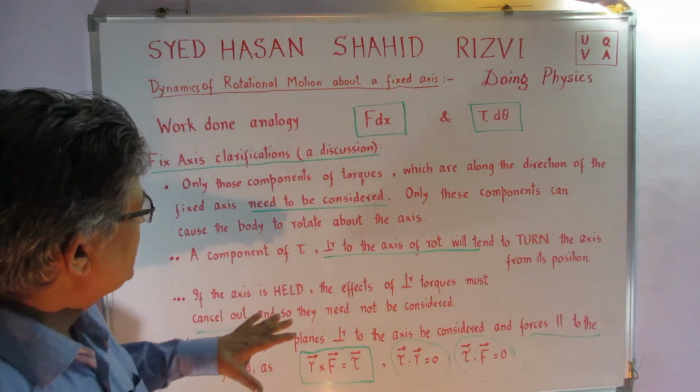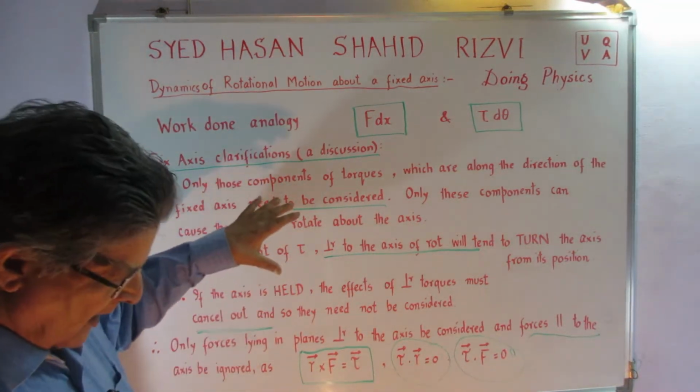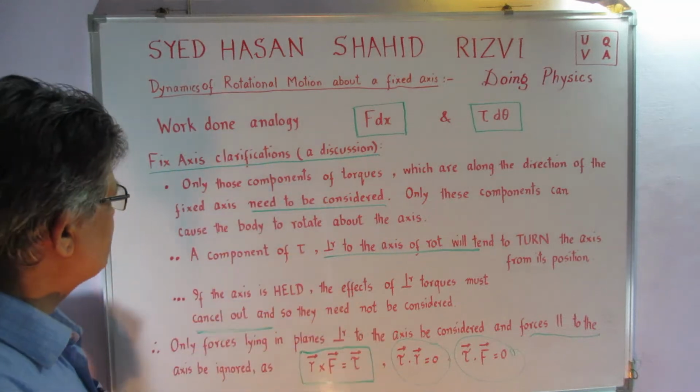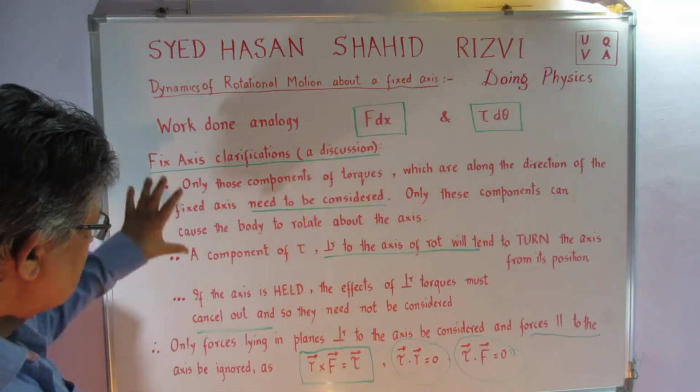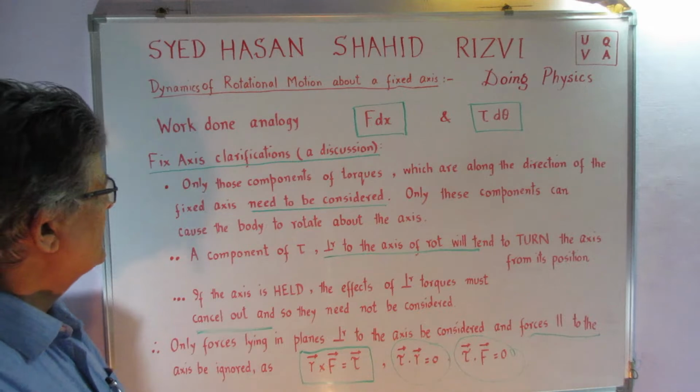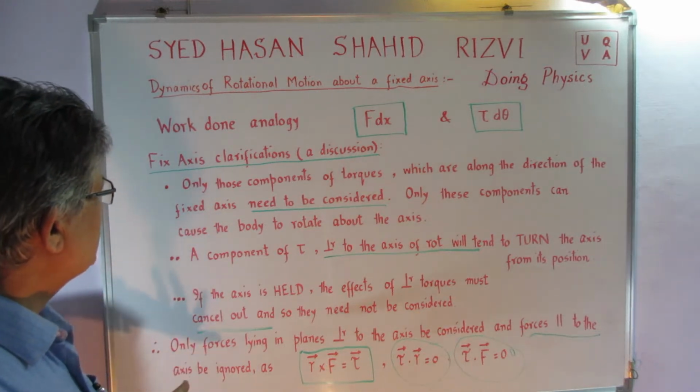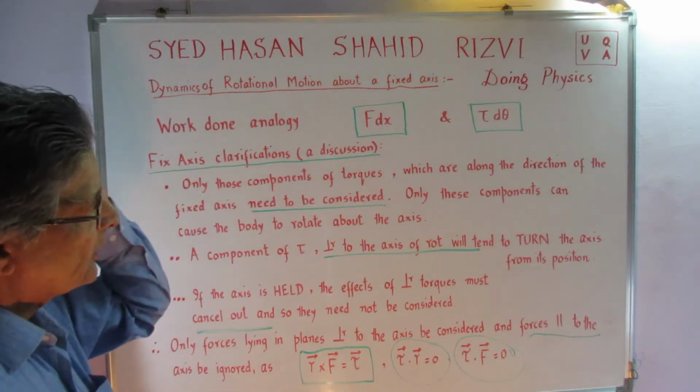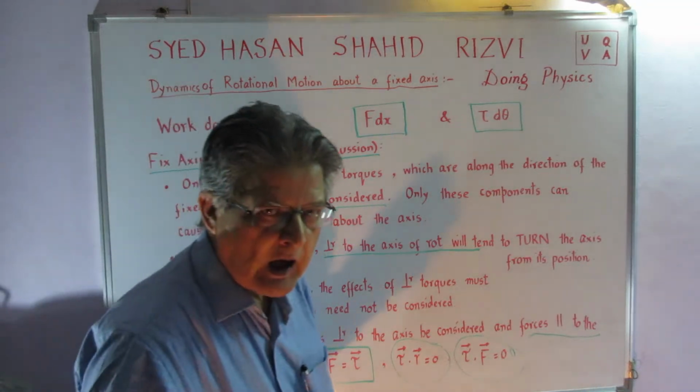So this is, in a nutshell, certain things which are desired to be clarified for the dynamics of rotational motion about a fixed axis. I am going to continue with this discussion.